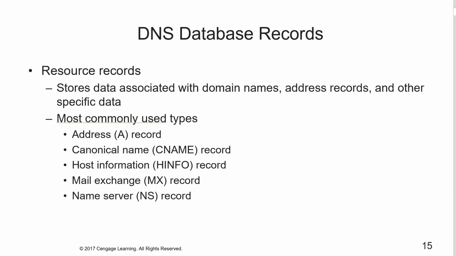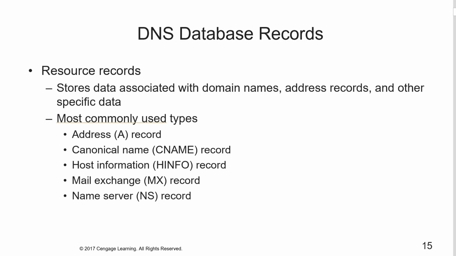DNS Database Records, again, when we talk about RFCs, this is in RFC 1035. What do resource records do? Well, they store data associated with domain names, address records, other data. So most commonly you'll see A records, address records, canonical name, CNAME, host info, HINFO records, MX records for mail exchange, name servers.